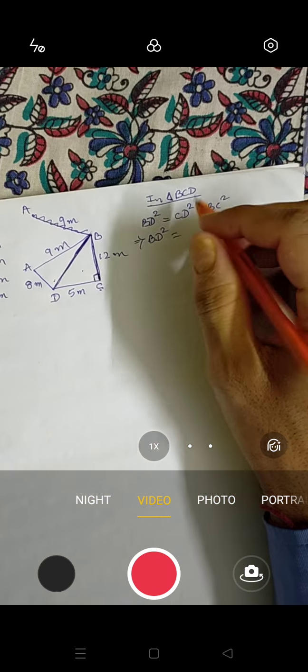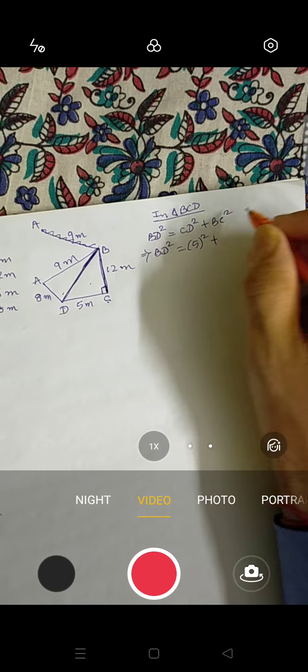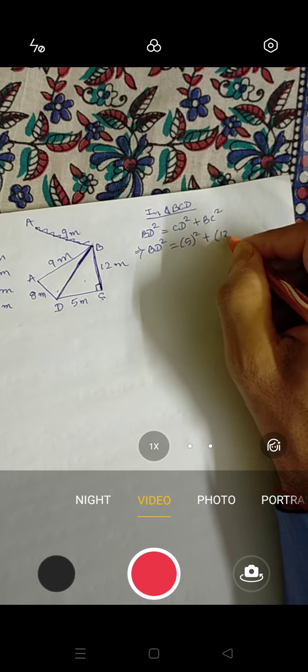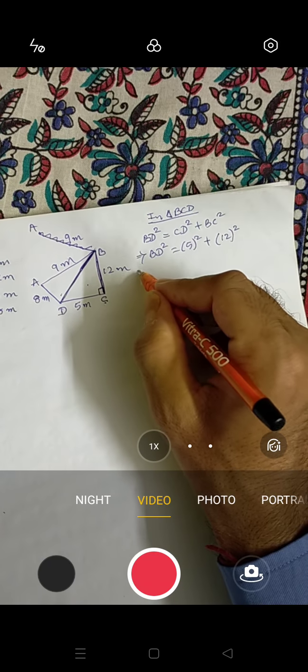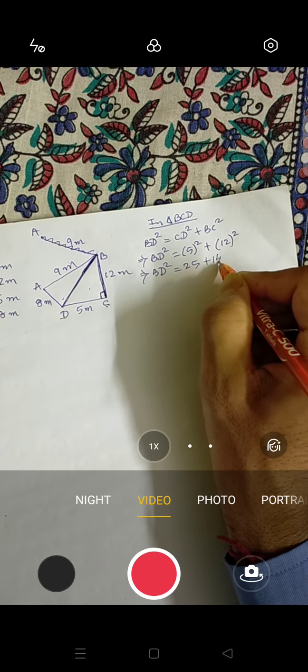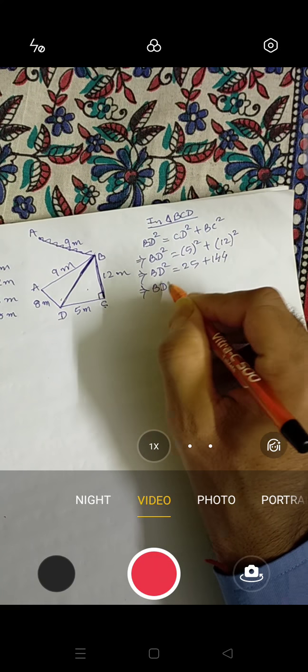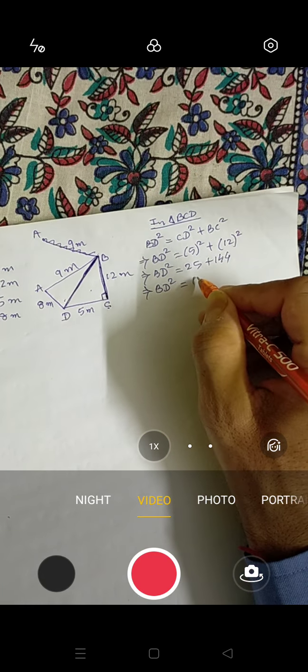Now CD is how much? You can see in the diagram, CD is 5. So we will take 5 square plus BC is 12, so 12 square. Now BD square equals 25 plus 144. Now if you add that, you will have BD square equals 169.